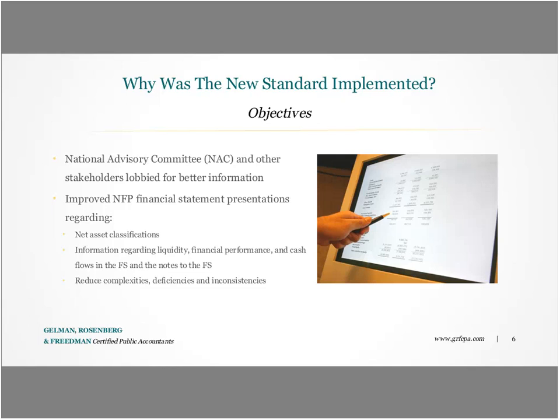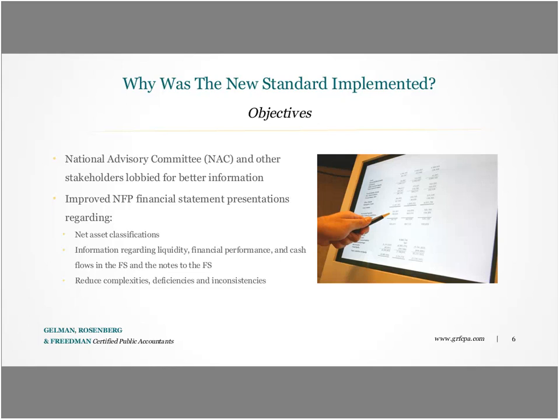Another objective is that those stakeholders wanted improved financial statement presentations of not-for-profit organizations, specifically regarding net asset classifications, going from the current 3 net asset classifications to 2, and information regarding liquidity, financial performance, and cash flows in the financial statements and also in the notes to the financial statements.